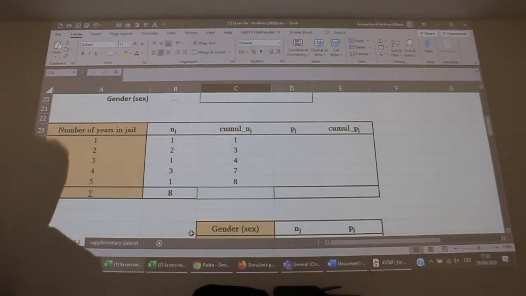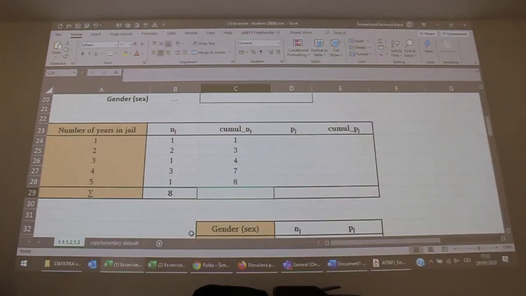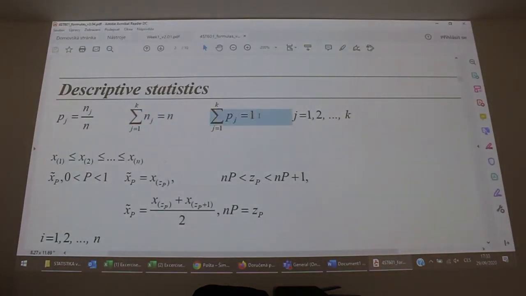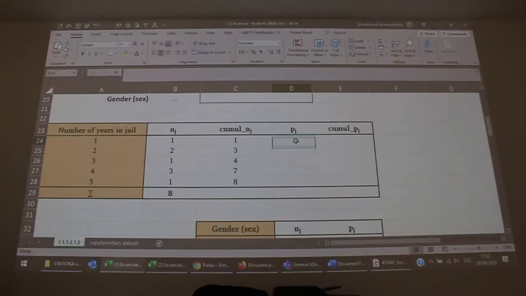We can continue with relative frequencies Pj. If you check your formulas, you can find here this first one, Pj, is calculated as Nj divided by N. So particular absolute frequency divided by sample size, 8. So we can try to calculate this. Equal sign absolute frequency Nj divided by sample size N. Okay, we can continue.